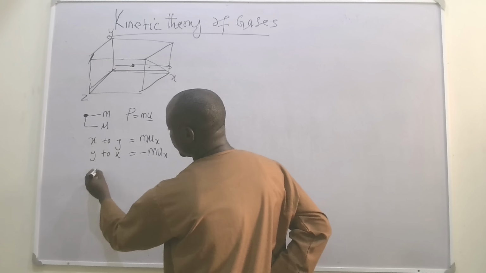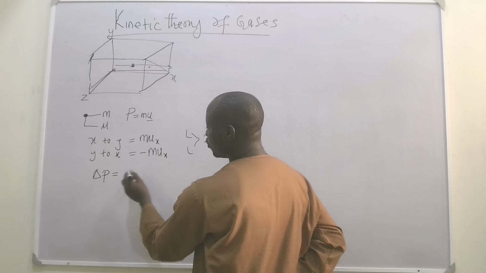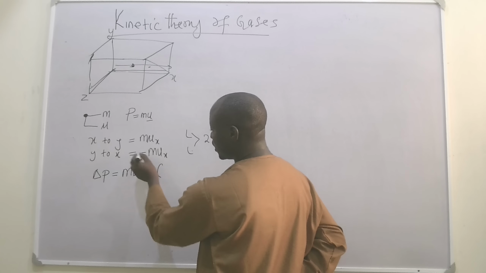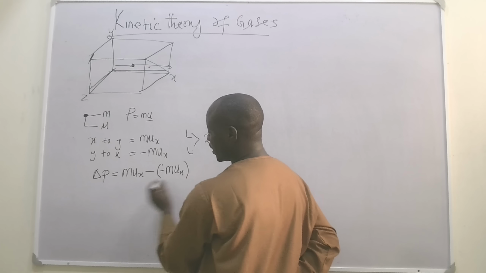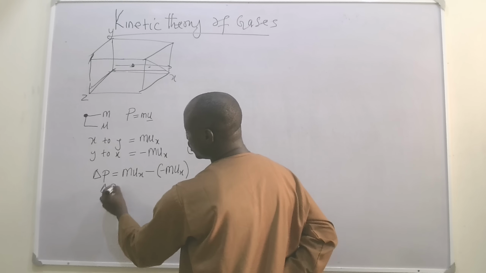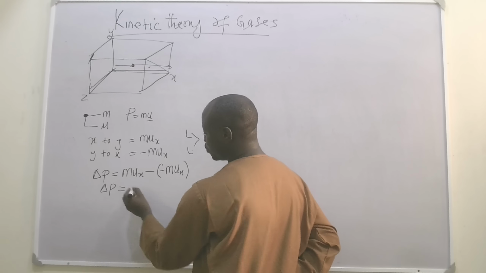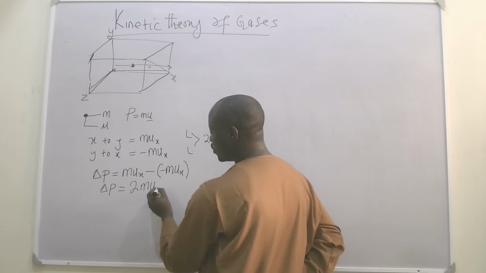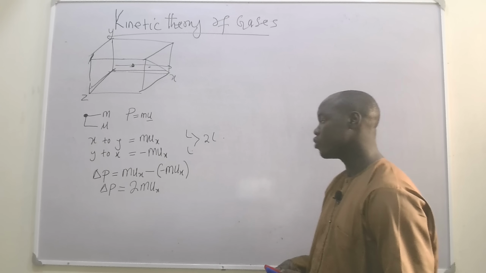To get the change in momentum, we have mu_x minus, open bracket, minus mu_x, close bracket. Minus times minus gives us plus. So we now have the change in momentum equal to 2mu_x.